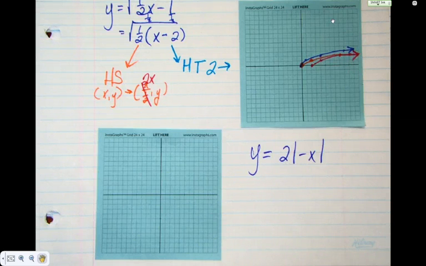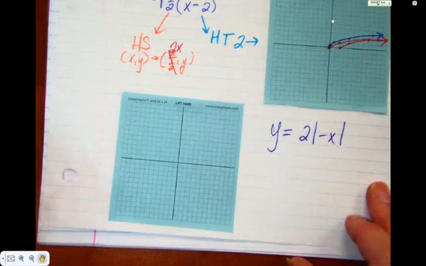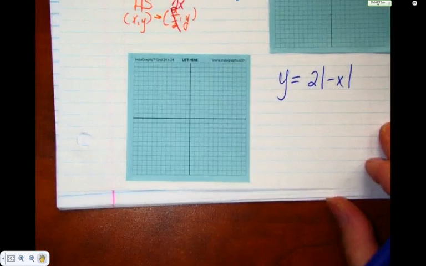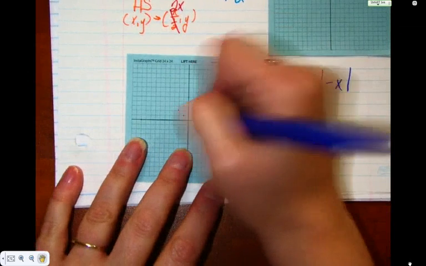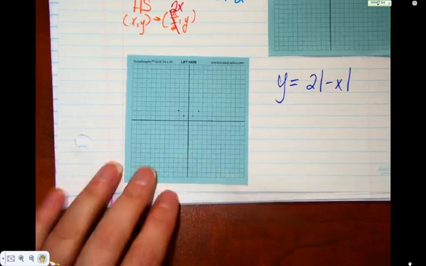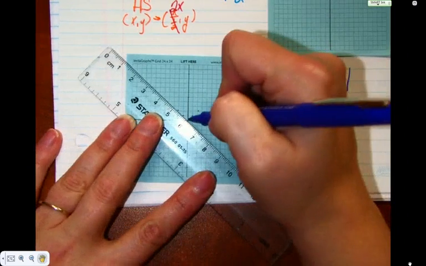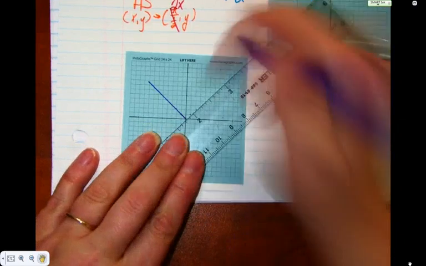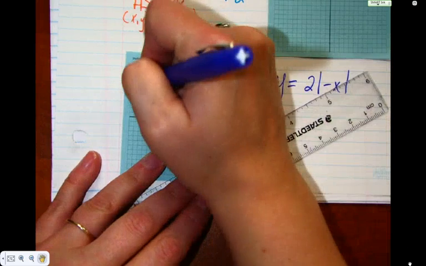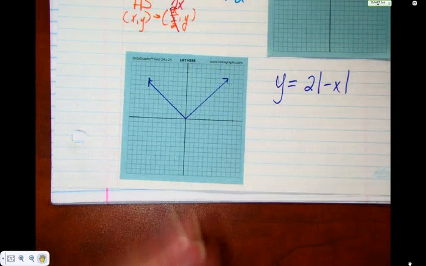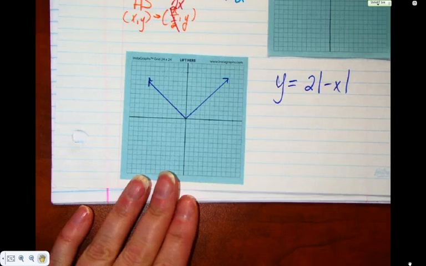So what does absolute value look like? Usually a half mark or a mark depending on the question.